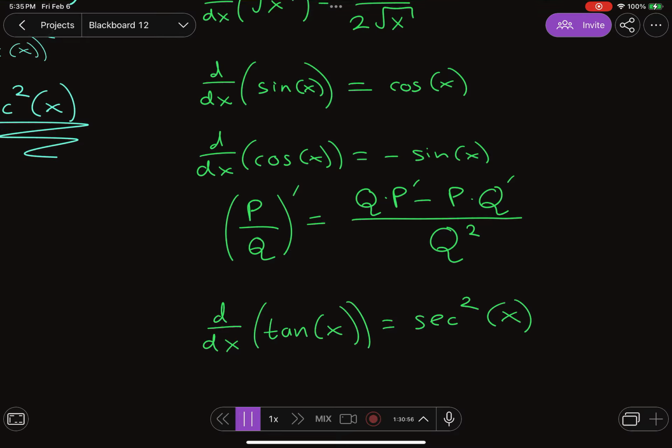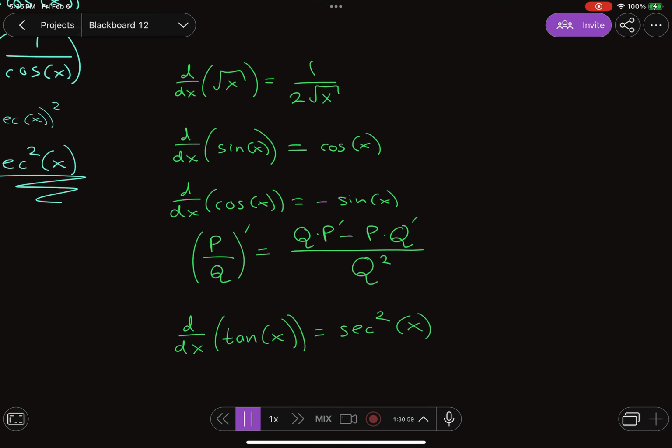Okay, so here is the development of our calculus journey. We now have machines that tell us slopes at any x value. We now have a machine, the cosine of x, that tells us the slope of sine of x at any x value, where it makes sense. We have a machine here, 1 over 2 root x, that tells us the slope of the original function root x at any x value, as long as this makes sense.